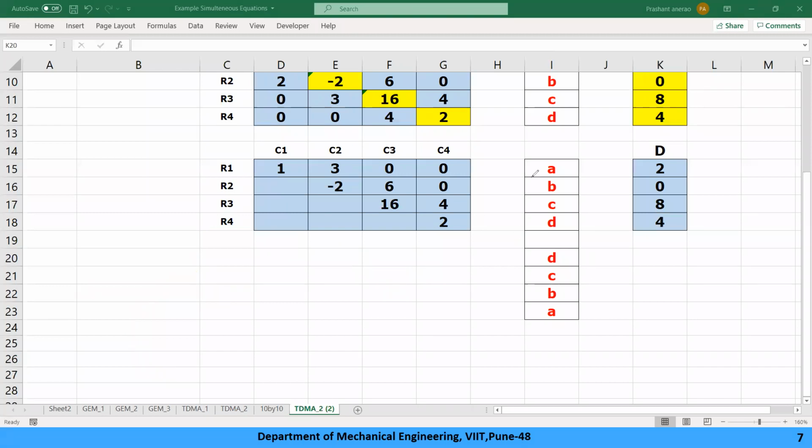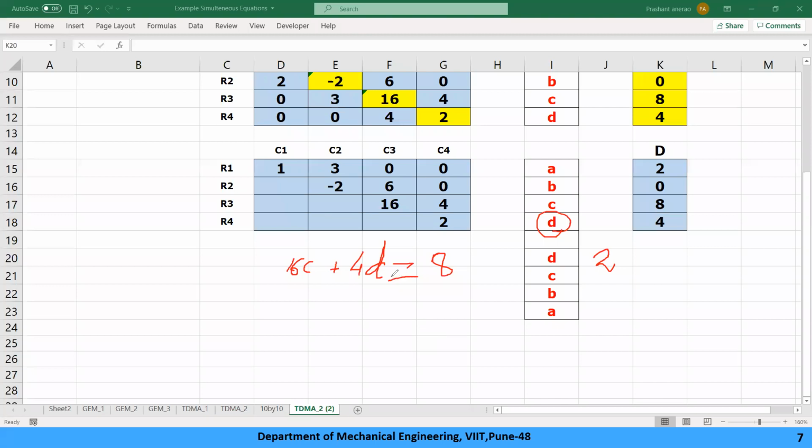Back substitution will start with the last unknown variable, that is D. So D equal to 4 by 2. So it is 2. For C, see what equation is formed: 16C plus 4D equal to 8.